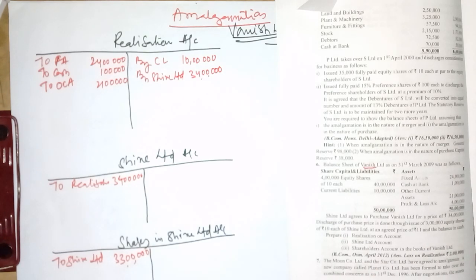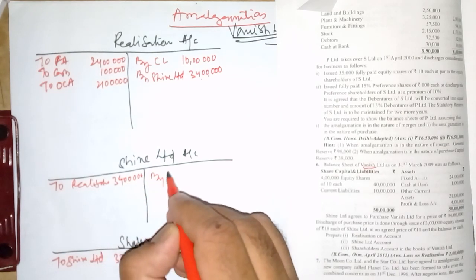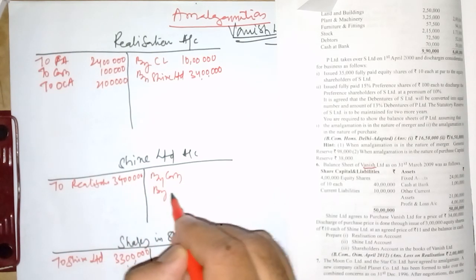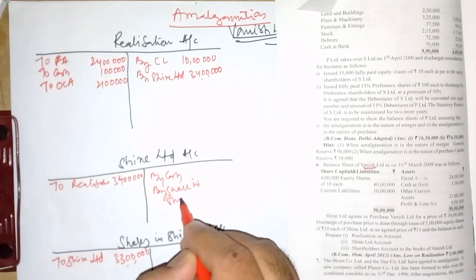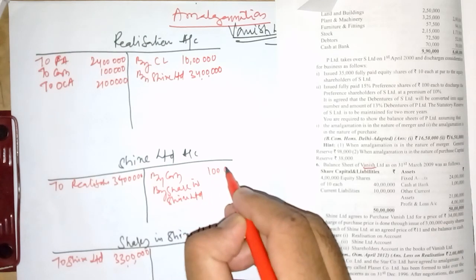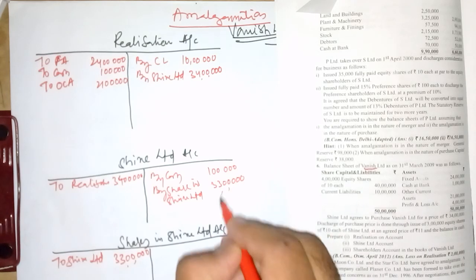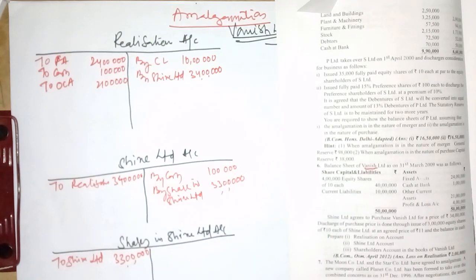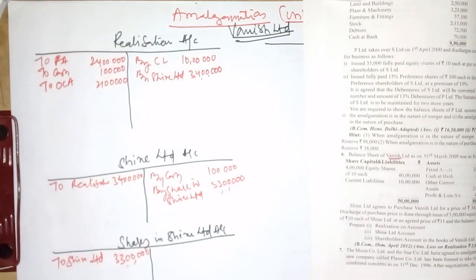In Shine Limited, what do we write? By cash, by shares in Shine Limited. This is 1 lakh cash, and this is 33 lakhs. Right?